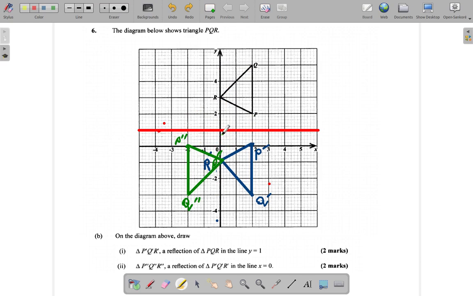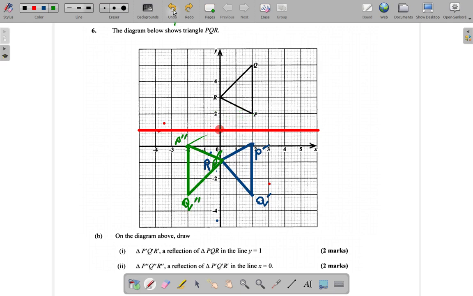Alright, you could rotate the double prime, the new triangle, around this point and get it to match onto the original triangle. Because what I'm saying here is that if you consider going through this point and you make a rotation, you see P double prime would match onto P, the original P.